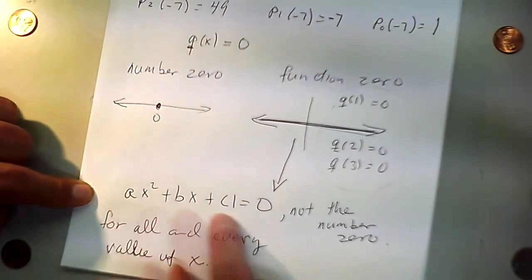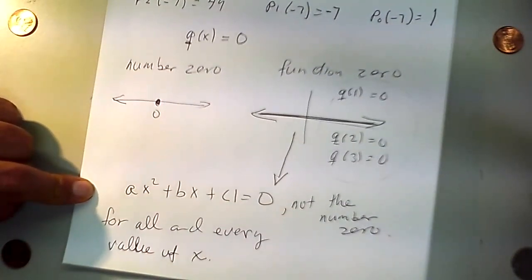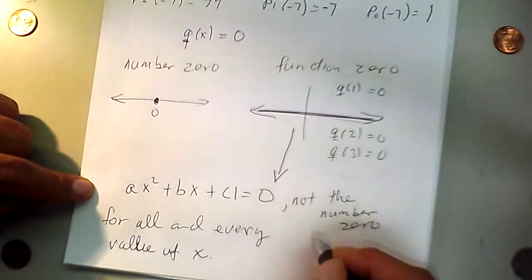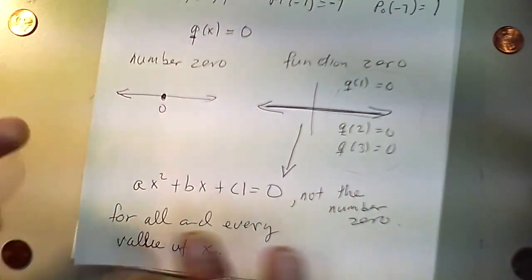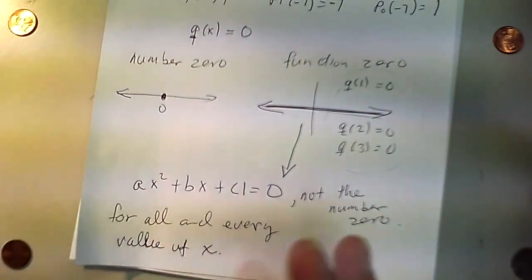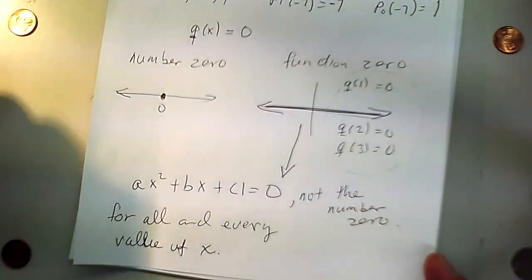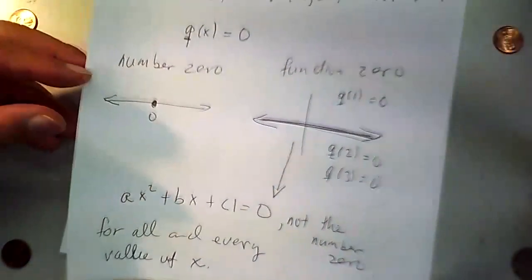If x is 7, that should be true. If x is -18, that should be true, because we're talking about the function 0, not the number 0. This should blow our minds because it's completely different than what we did ever before.